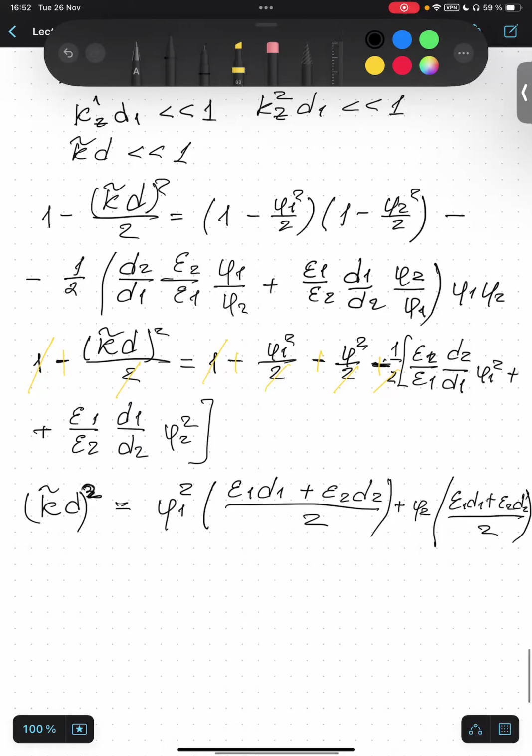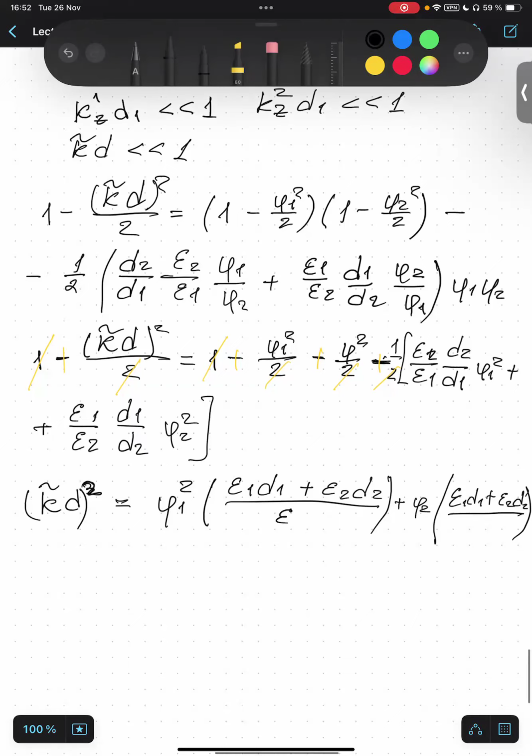I almost forgot: here epsilon 1, epsilon 2, here also epsilon 1, epsilon 2. And we can just move this part here.